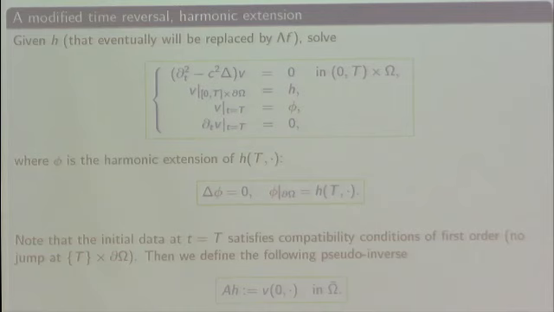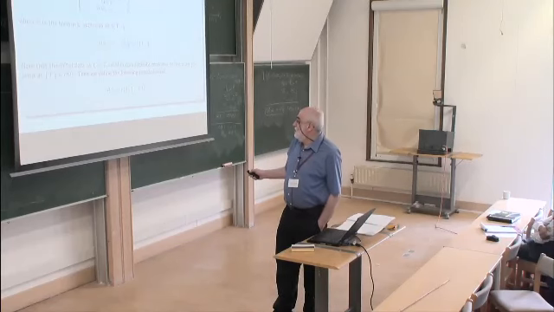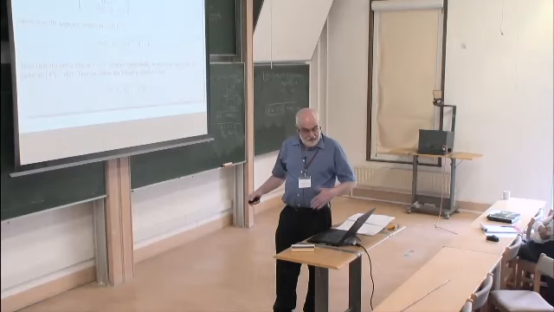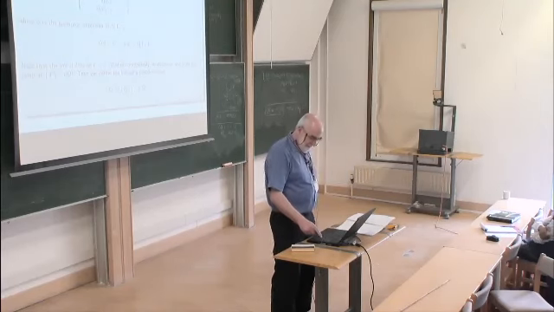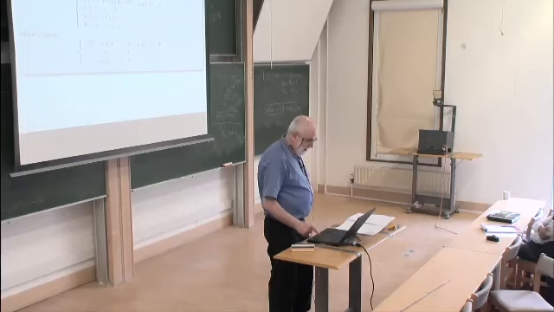So I consider at the final time, capital T, the boundary value h, but at capital T, I'm not going to put it 0 like in the usual time reversal method, but a function phi, which is harmonic, has boundary values, the values of this at capital T. And the map A that we define, which is going to be a pseudo-inverse, is the initial value of V. So you propagate this back. So you reverse the time. Okay, so I motivated that.